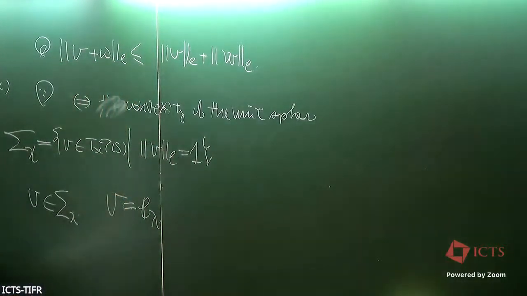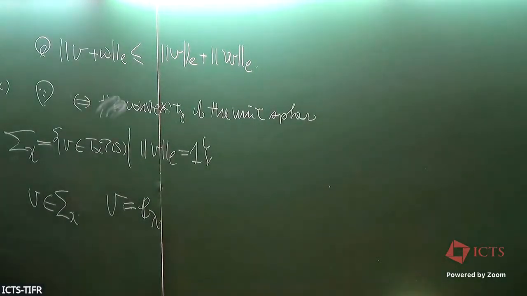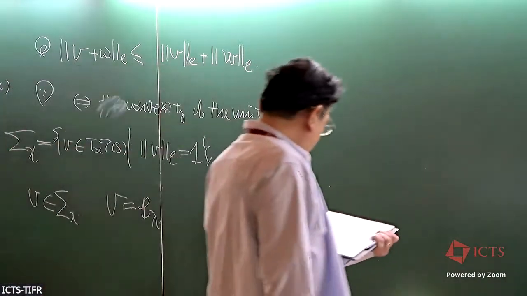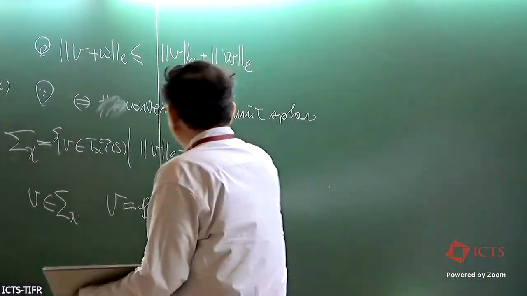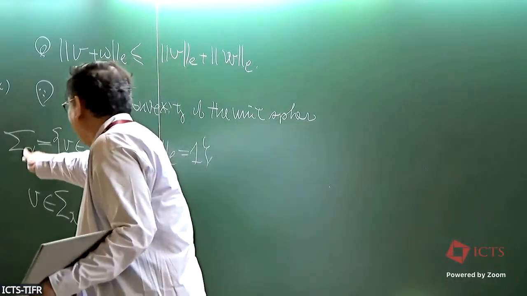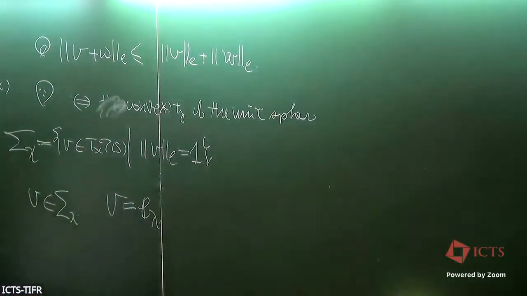I will drop the x from now on, because I'm always staying inside the tangent space at x, so we drop this x from all the symbols. Probably I preserve this subscript x.